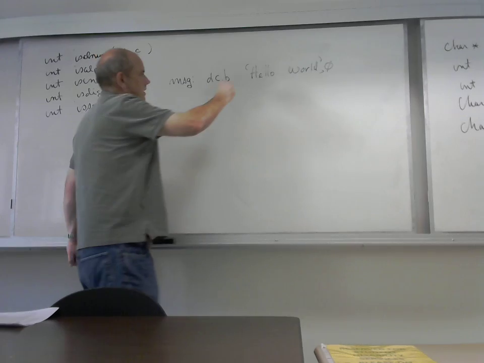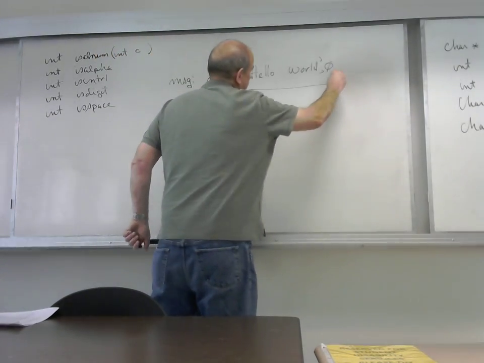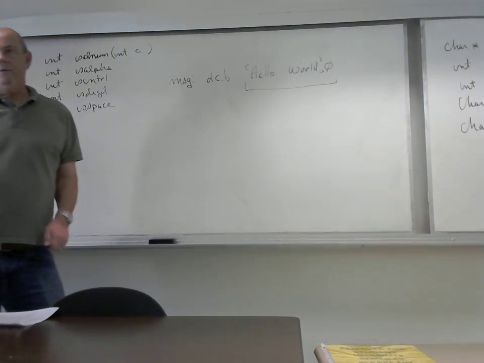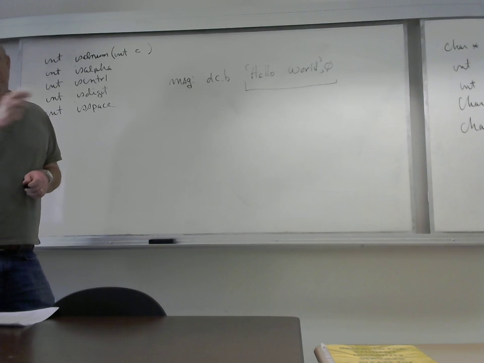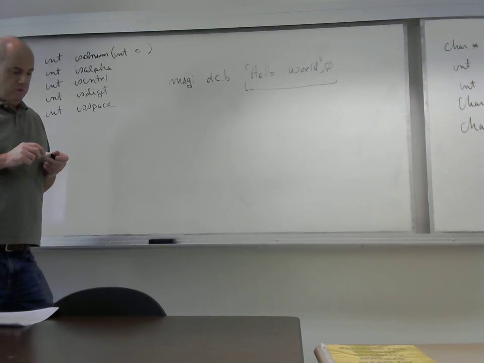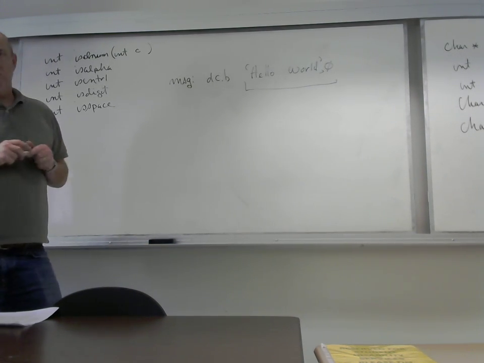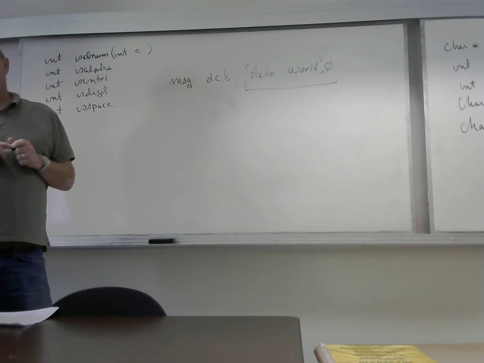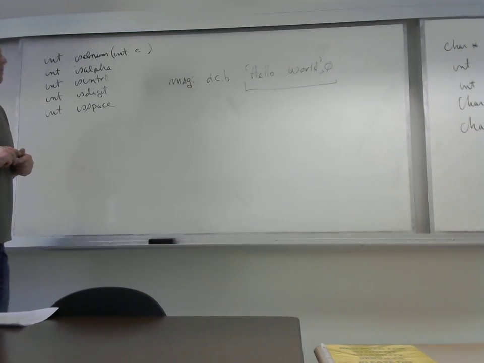Of course, this is one token. So if you find an open quote, you just keep going to the end. But in this language, there are no double quote marks, only single quotes. So just keep going till you find the close quote and don't even look at it. Questions? Okay.